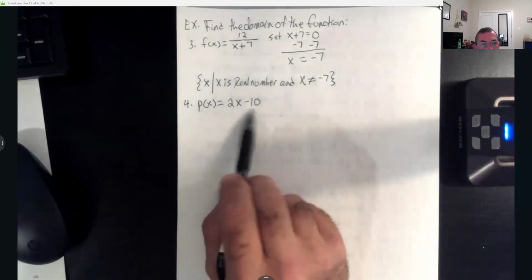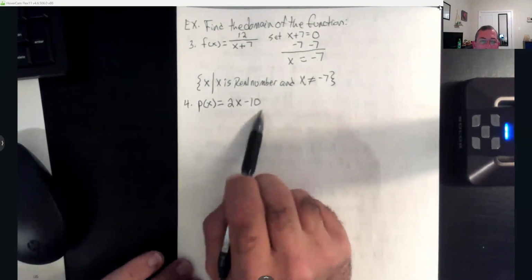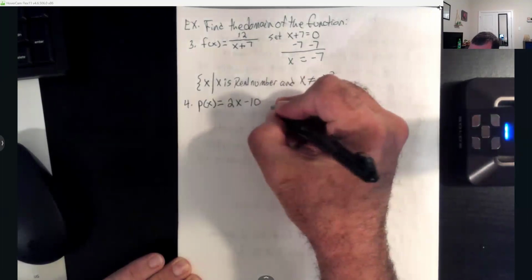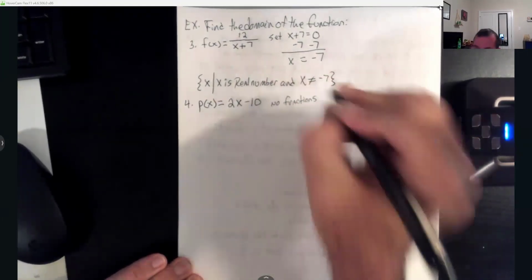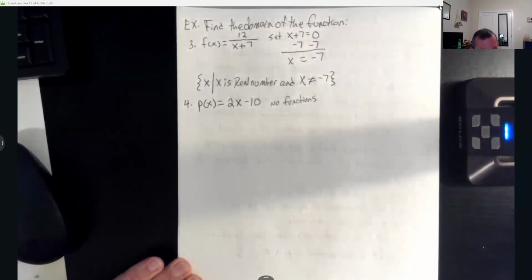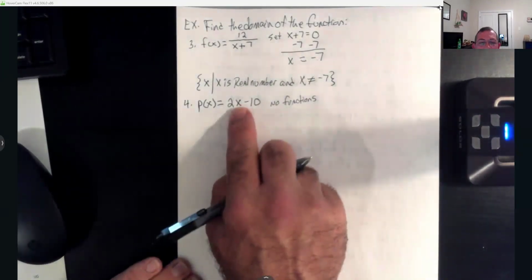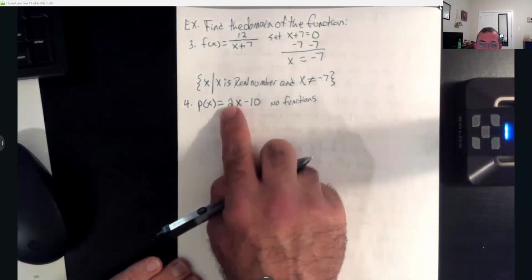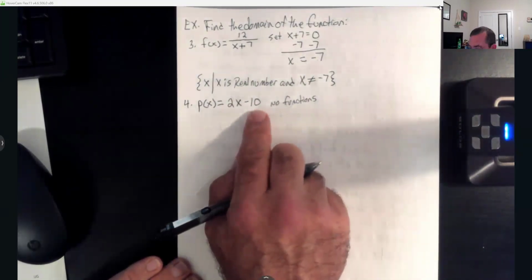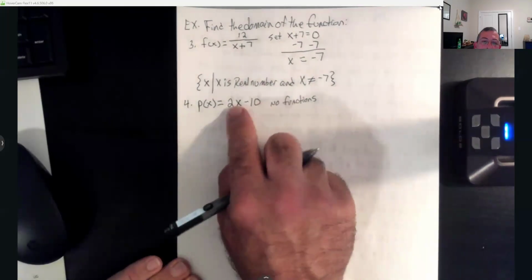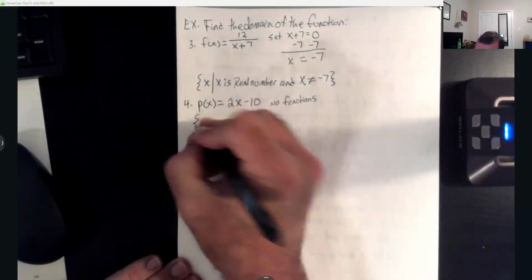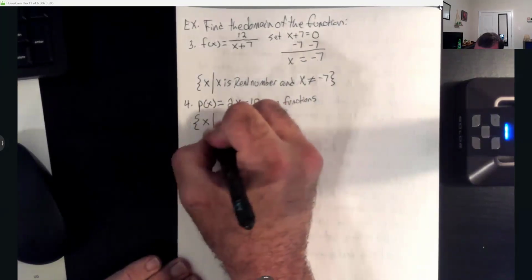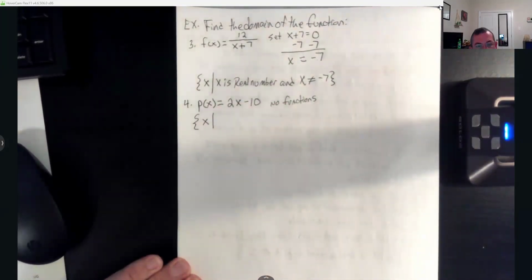Well, this does not contain a fraction at all. So since there's no fractions on this, my domain is all real numbers. I can put any number in here for x, multiply by 2, and then subtract by 10. There's no way that would ever give me undefined. So for that one, we would have x such that x is a real number.